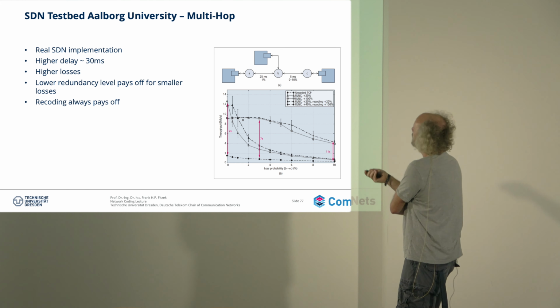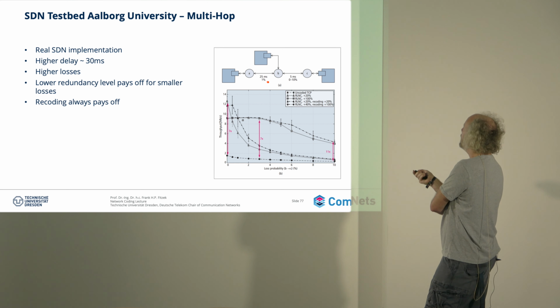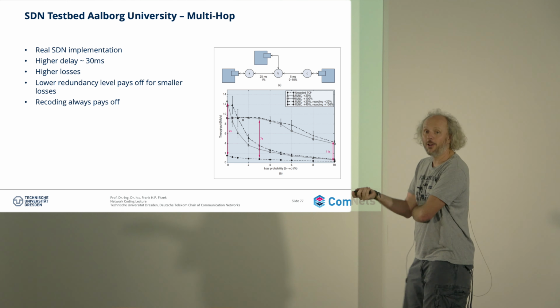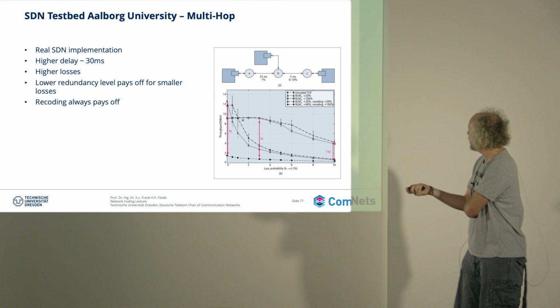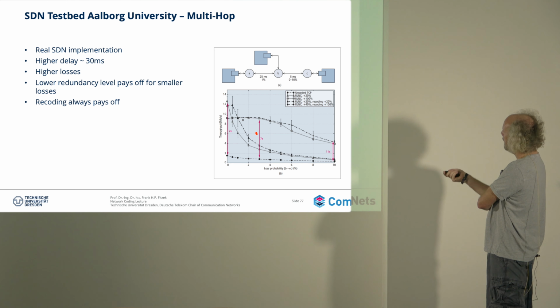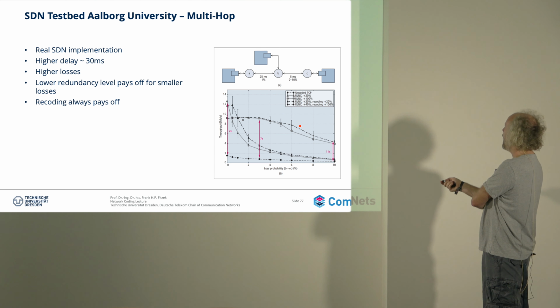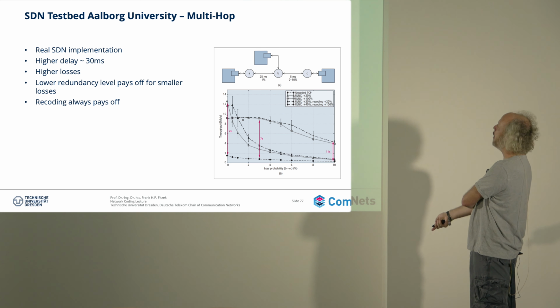Now, if you have a recoder in the middle, see how we did it: we have an encoder, we send it out, the recoder, we give it to the PC, do all the recoding and bring it back. So we are losing a lot of time in doing that. Nevertheless, if you look at the gain here, there's a 7x gain in switching the coding on, and even a gain with the recoder.